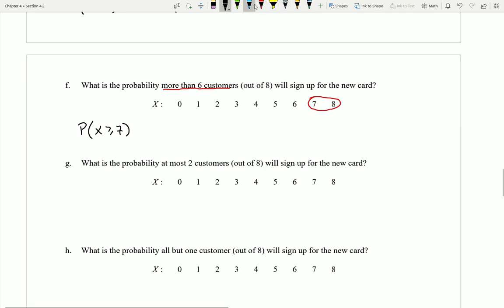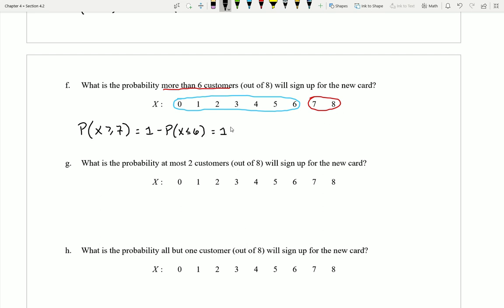Or I could go ahead and think about, again, all the numbers that I don't want. And since those are easy to grab with a CDF, I can go ahead and imagine calculating 1 minus the probability that X is going to be less than or equal to 6. Those are the bad numbers. And if I get rid of them, I'll be left with only the probabilities for the good numbers.